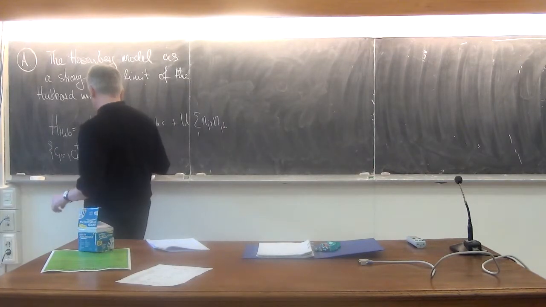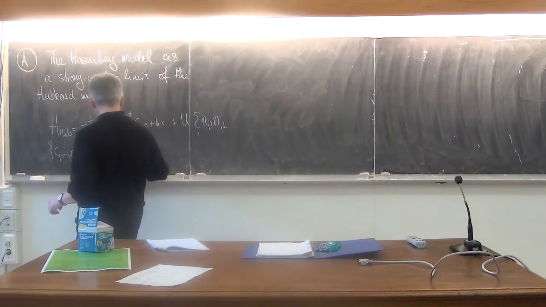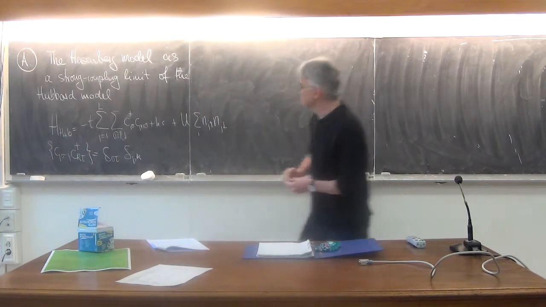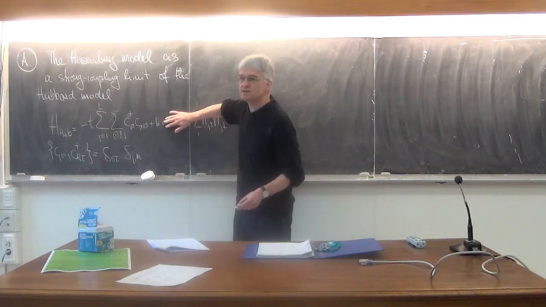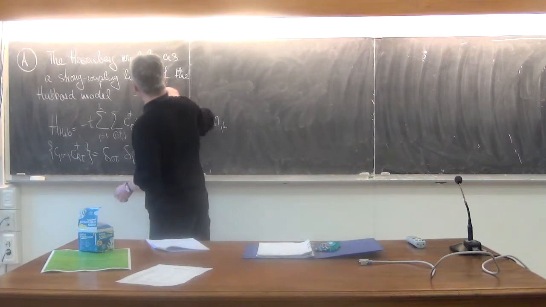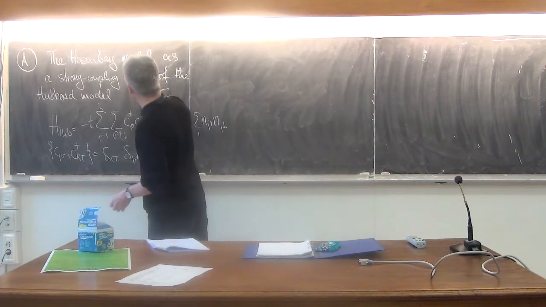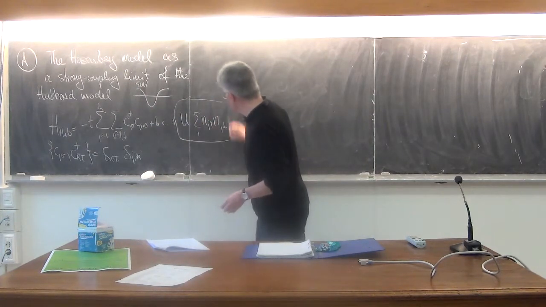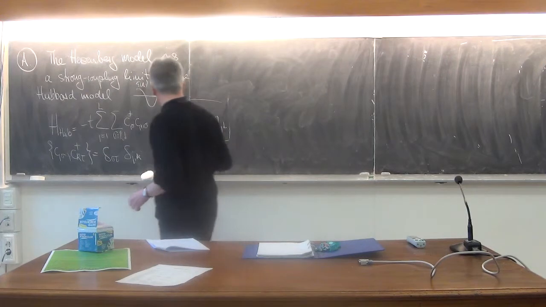They fulfill canonical anti-commutation relations. This would just be a free theory, a single band of electrons. In momentum space it would give you some dispersion, and that would be described by band theory. So this is where the interest comes from.